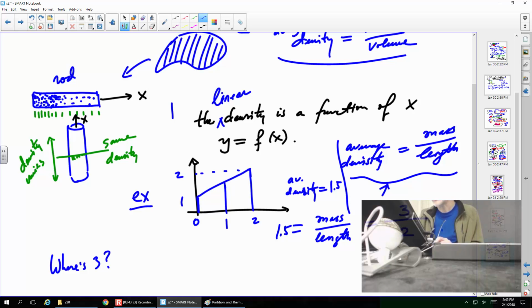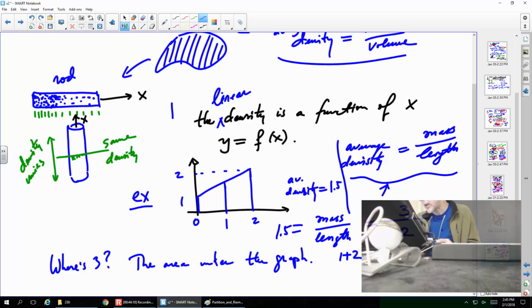Yes, it is the area under the graph, which happens to be a trapezoid, right? One half multiplied by the sum 1 plus 2, multiplied by 2.